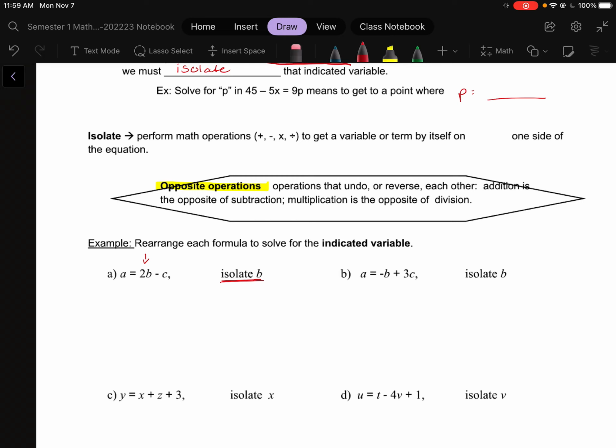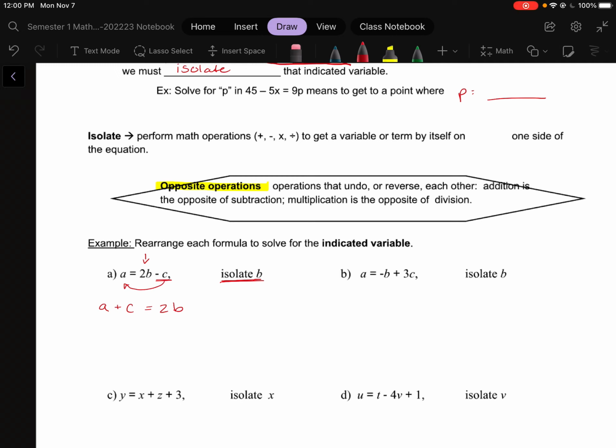But what we're going to do is take this negative c and move that over to the other side, keeping our 2b on the one side. When we switch over a negative, it becomes a positive, so it's a plus c, and then equals 2b.